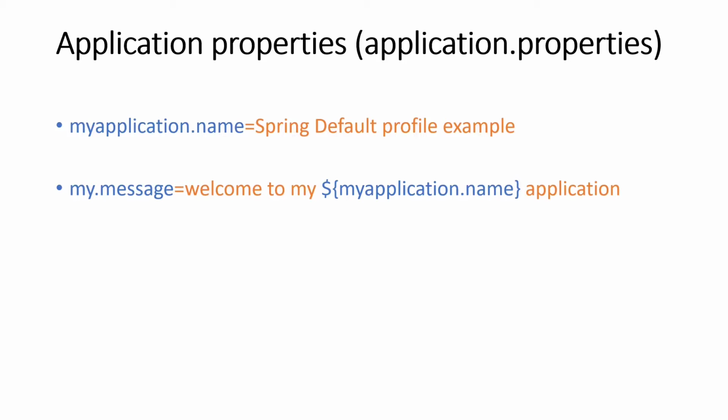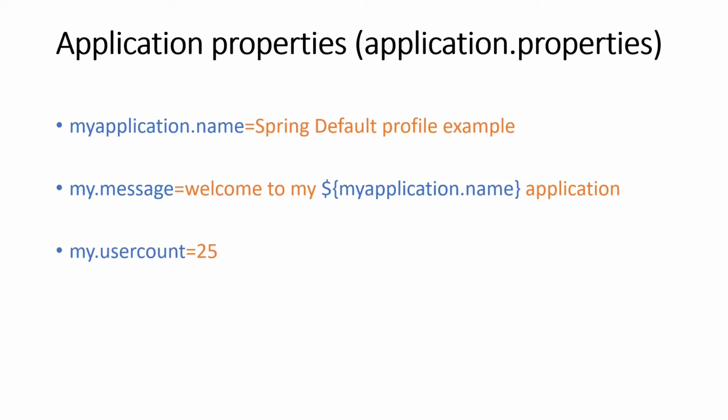So consider you're saying my application name is equal to Spring default profile example, and you have used this my application.name in many places, like we have used in my.message. So when you come back later and you decided to change Spring default profile example to Spring profile example, then you have to change only in one place. Otherwise you have to change in all other places. So this is one of the advantages of application properties.